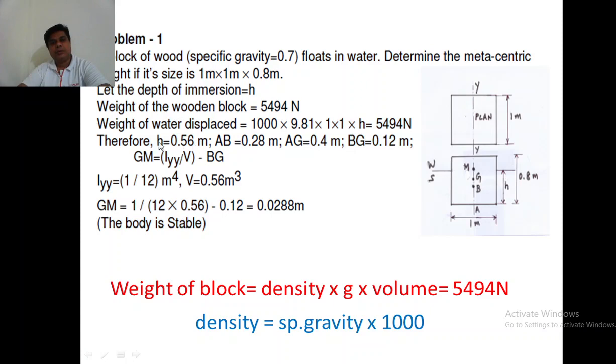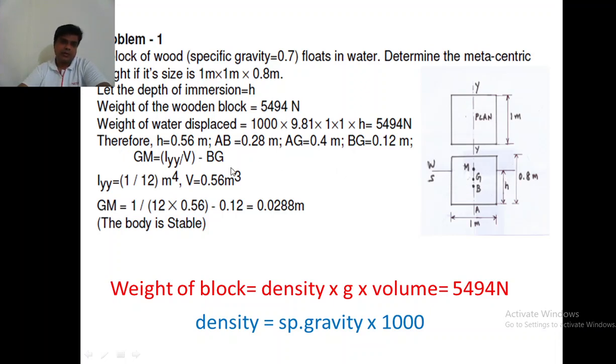But according to our analytical derivation, what is GM? GM is the moment of inertia about the y-axis, that is about the length of the block, divided by the volume of the block immersed, minus BG, the distance between the center of buoyancy and center of gravity.